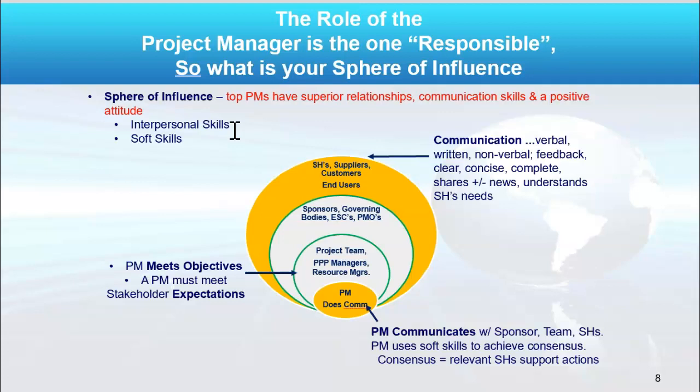Then you'll have to communicate with the team. PPP stands for project, program, or portfolio managers, right? Other managers, resource managers. Then above that, the sponsor owns your money for your budget. It's one of those senior leaders, right? Maybe a governing body or an executive steering committee. And outside of that, you've got to communicate with suppliers, vendors, end users, stakeholders, etc.